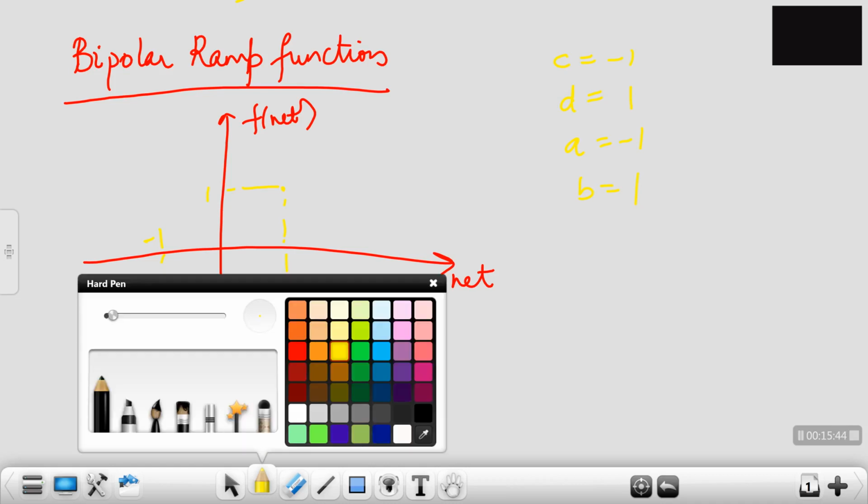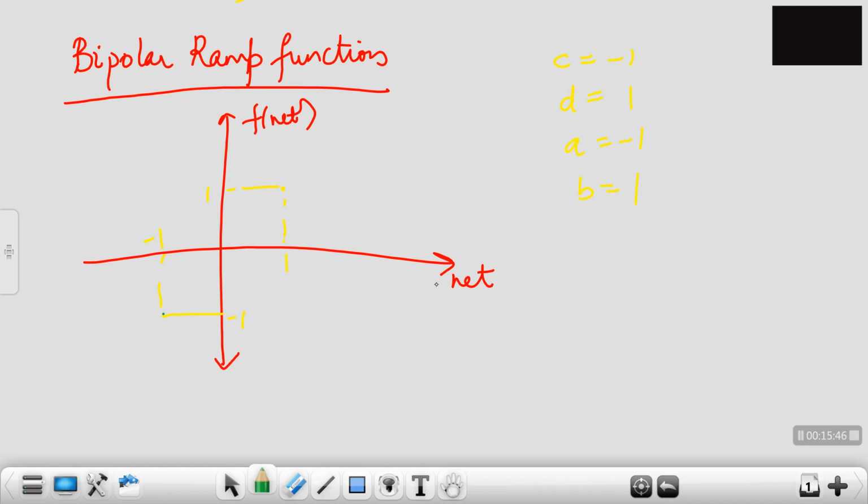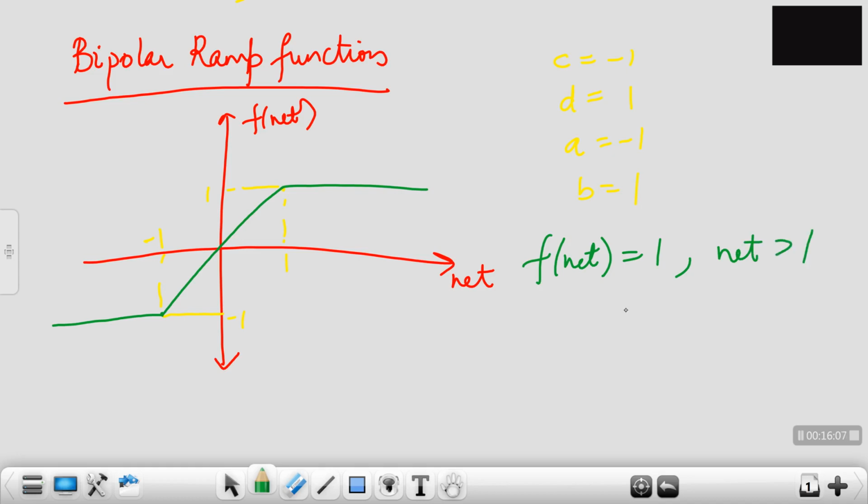So how shall I draw the waveform? From -1 to 1, it is a linear function, and beyond 1, it is constant, and the value is 1, and less than -1, the value is -1. So if at all we want to write, f of net is equal to 1 for net greater than 1.